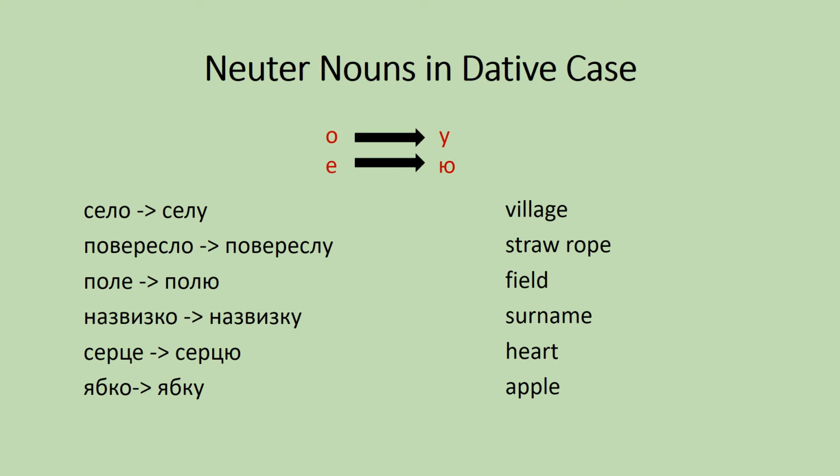Povereslo, meaning straw rope, becomes povereslu. Pole, meaning field, becomes poliu. Nazwisko, meaning surname, becomes nazwisku.